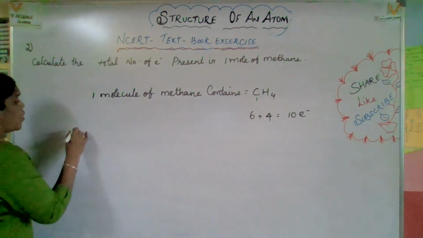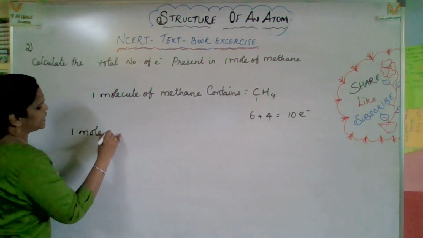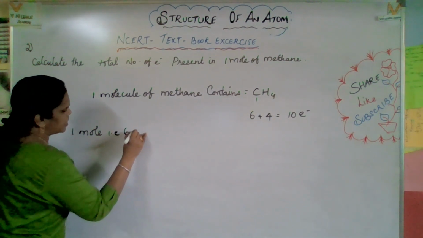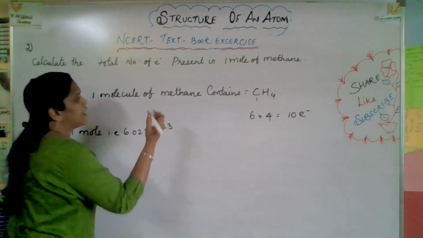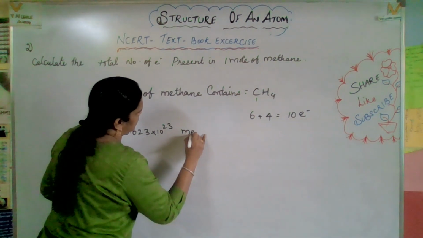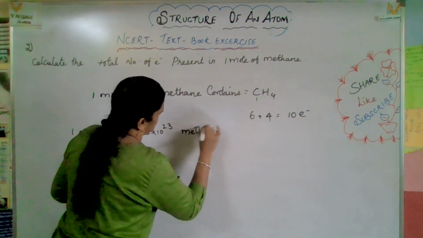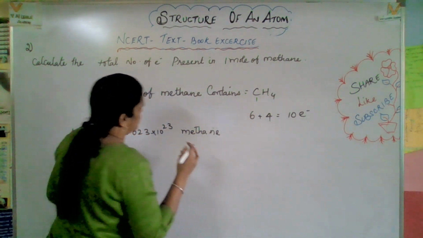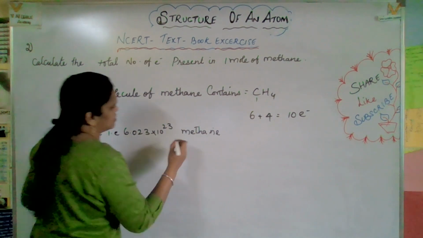Okay, 1 mole of methane, 1 mole, that is 6.023 into 10 to the power of 23 methane molecules. 1 mole of methane contains how many electrons?